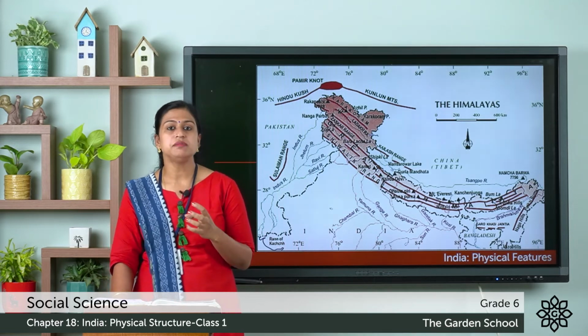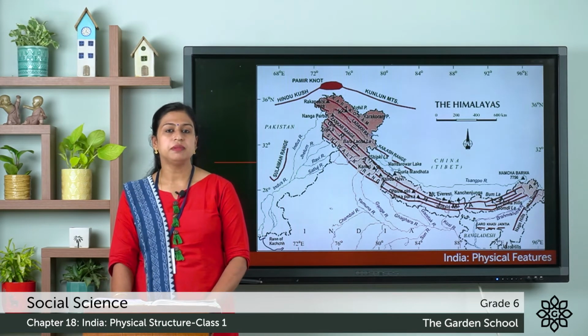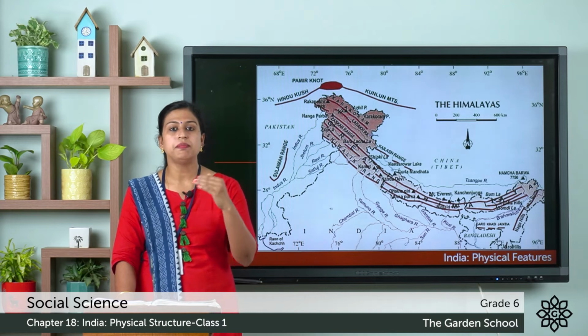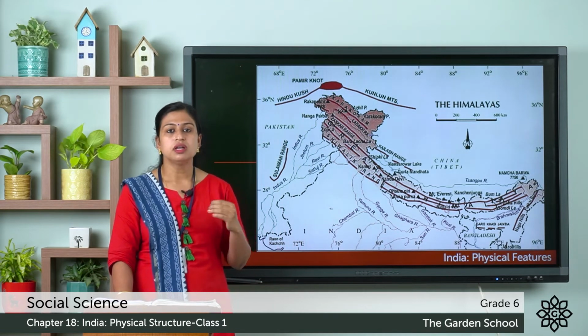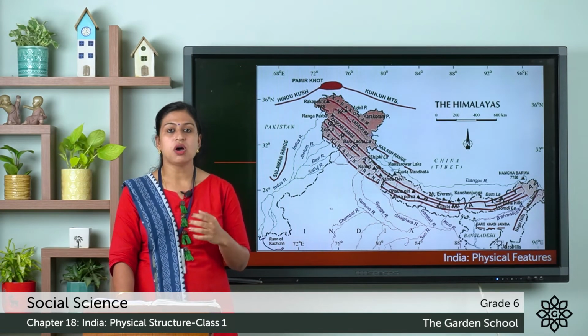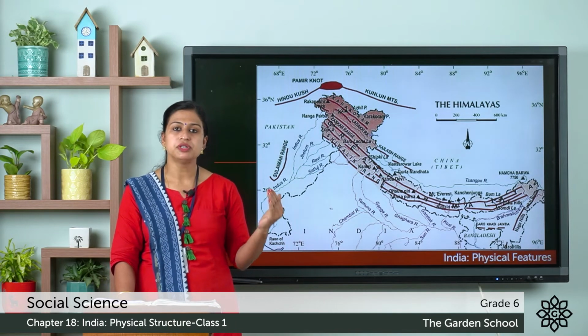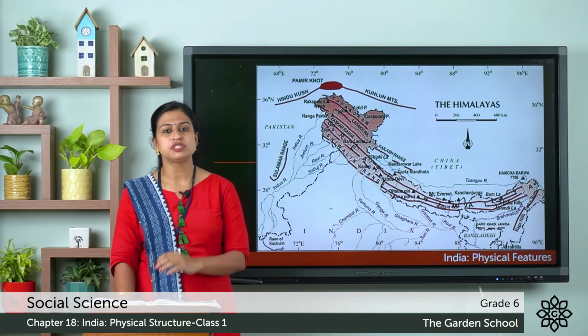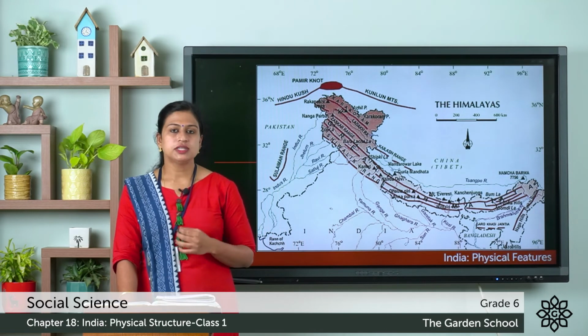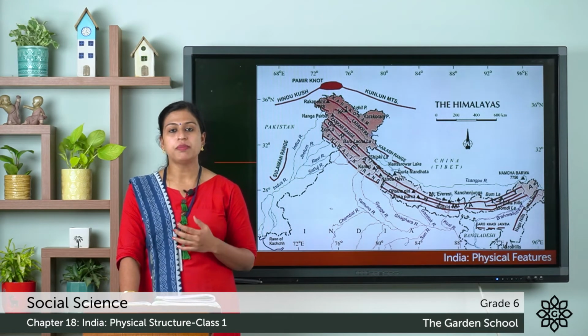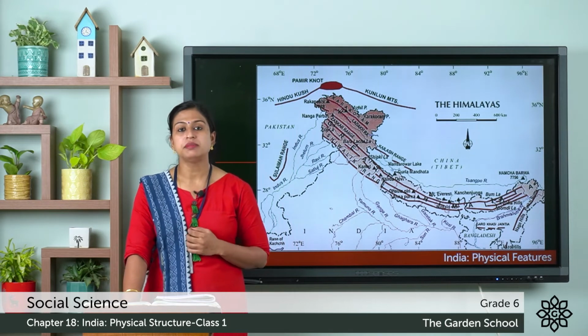Here marshy means wet and foothills means lower hills at the base of the mountain. So this Himalayan range is not a continuous range and it merges with marshy foothills known as terai. This mountainous belt is very important for tourism, for trade, for fruit production and animal rearing.